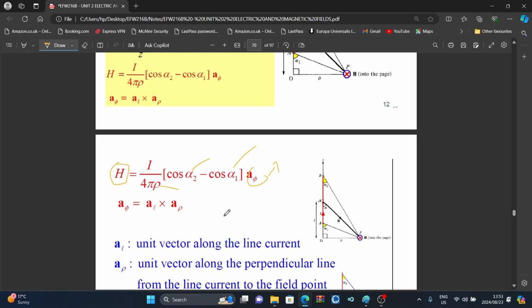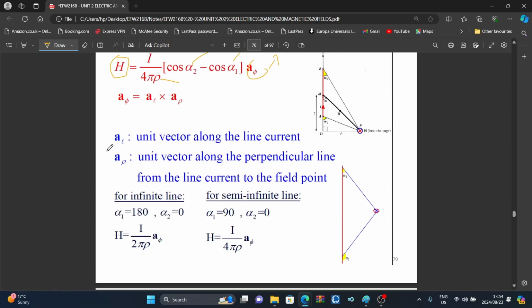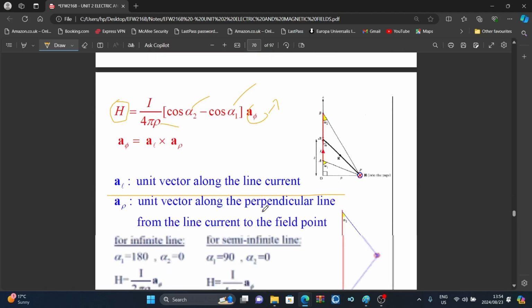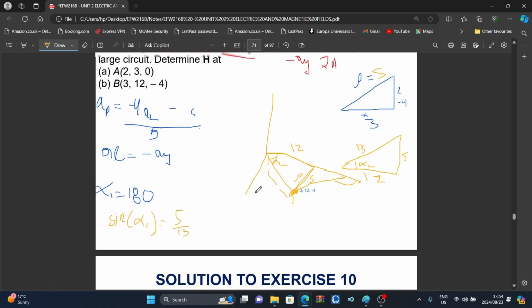They say you calculate h, but your step-by-step process is first you find phi, you find alpha 1, alpha 2, using these conditions here, or you can read through the conditions applied to it.